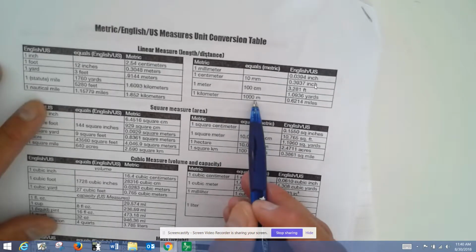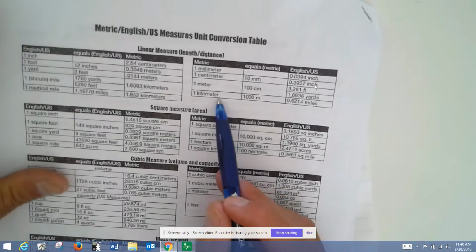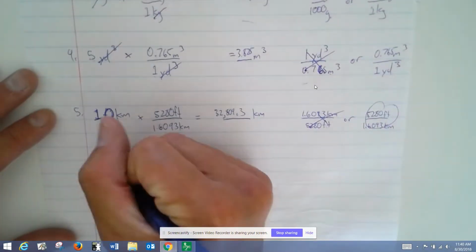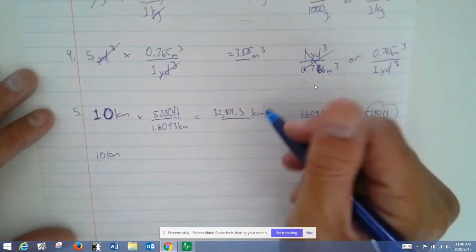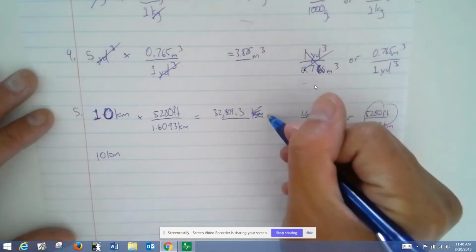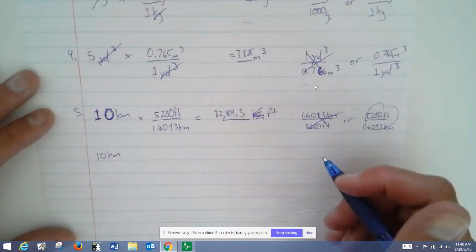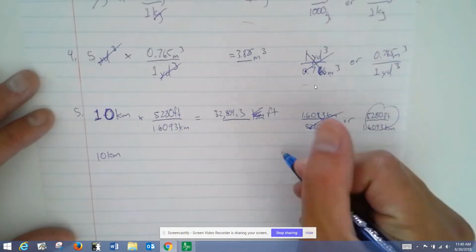So let's convert from kilometers to meters first. Let's take it step by step. It's 10 kilometers, and the final unit should have been feet on the final answer, guys. I'm sorry. So it's 10 kilometers, and we want to end up in feet.